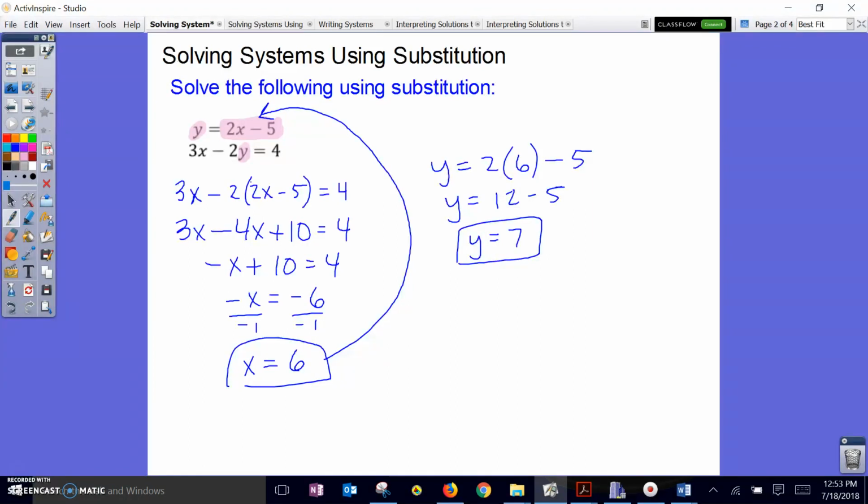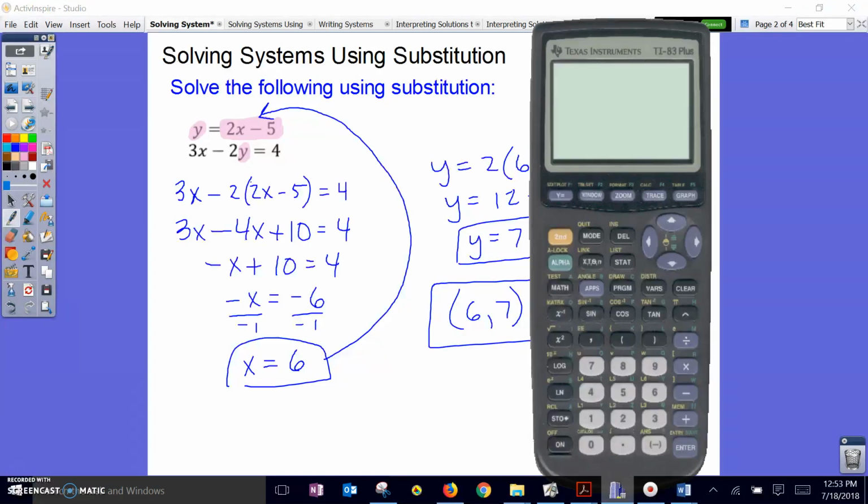Now we're going to write our solution as an ordered pair. x comes first, so that's (6, 7) is our ordered pair. And we're going to check and make sure that value works in the equation. So let's see, I put 6 in for x in the first equation. It better work here because that's where we got the y value from to begin with.